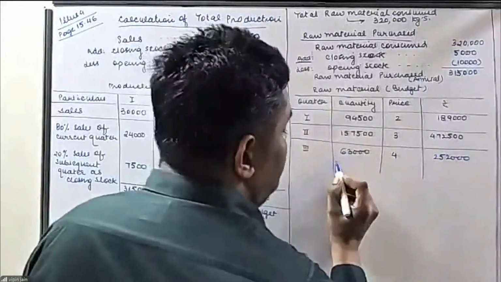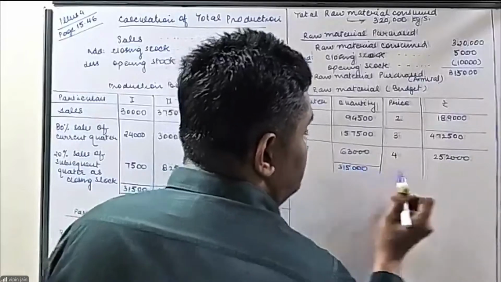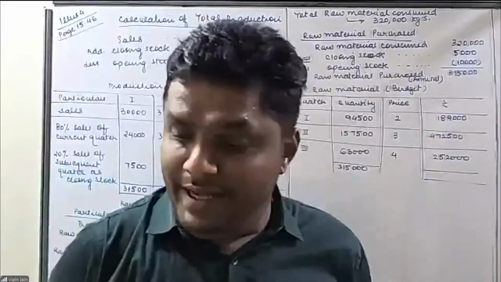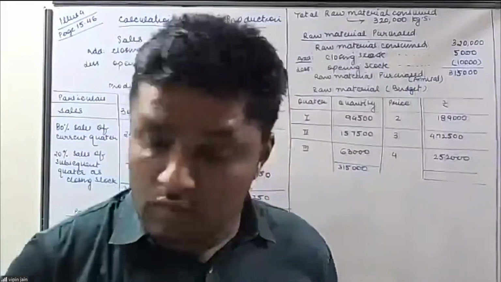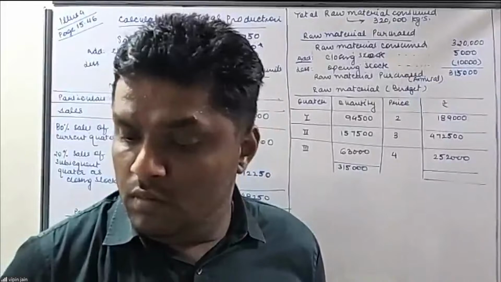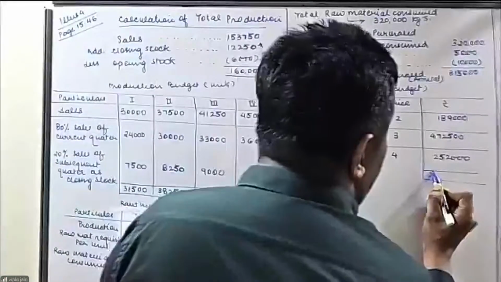So this is how the total 3,15,000 is purchased in all the 3 quarters. And the total value will be 9,13,500.